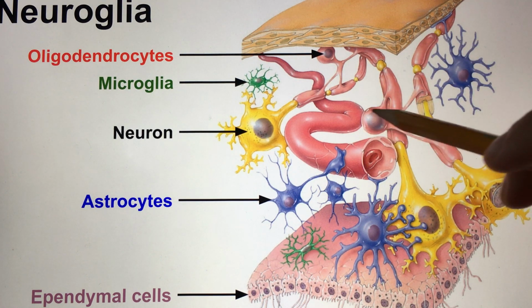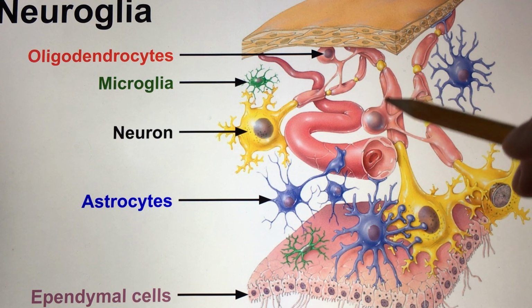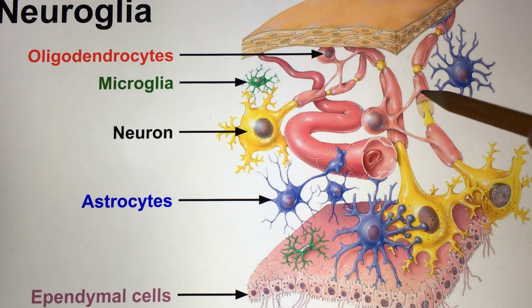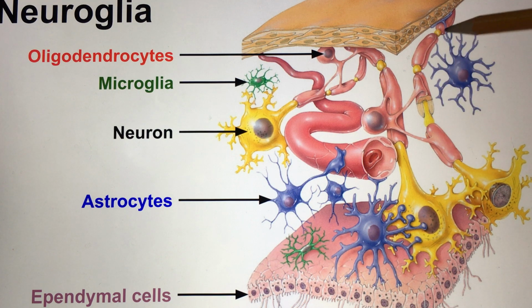You can see this is a cell body of the oligodendrocyte, and this is its projections creating the myelin sheaths around the axons of the neuron, which electrically insulates this neuron and prevents the loss of the action potential as it travels through the neuron. And that action potential can reach from the body to the end of the axon much quicker than without the myelin sheaths.